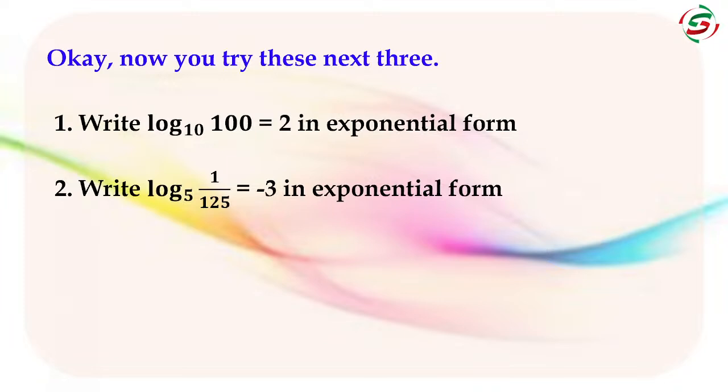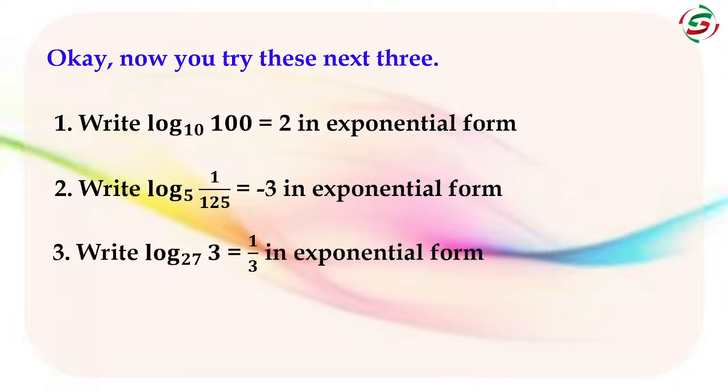How much did you get? 5 to the power of minus 3 is equal to 1 by 125. Next question. Yes, Shreyas. 27 to the power of 1 by 3 is equal to 3. Everyone got this? Yes, Tushar? Got it? Okay.